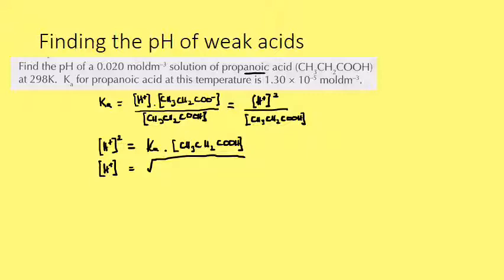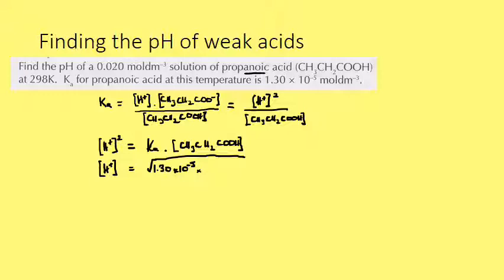Ka times the acid concentration, where Ka is given in the question, so that's 1.30 times 10 to the minus 5, and that's going to be times the concentration of the propanoic acid. So we're given that the starting concentration is 0.02 mole per decimeter cubed. And if you remember, for weak acids, we can also assume that that is the equilibrium concentration.